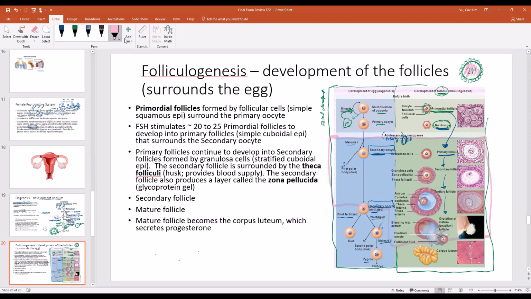Let's cover how they change. The primordial follicle has a simple squamous epithelium.